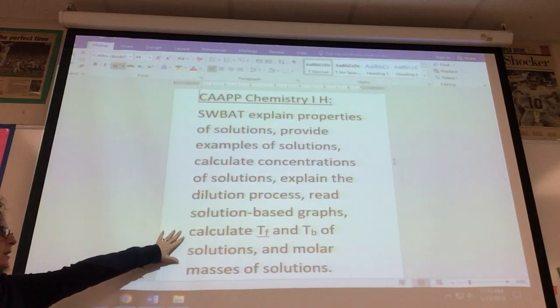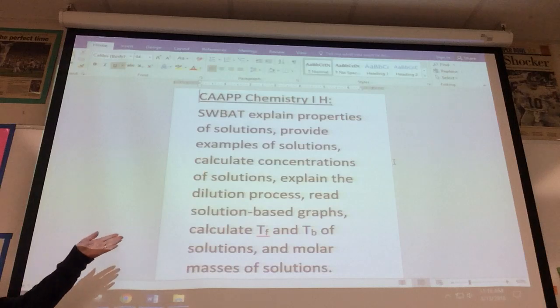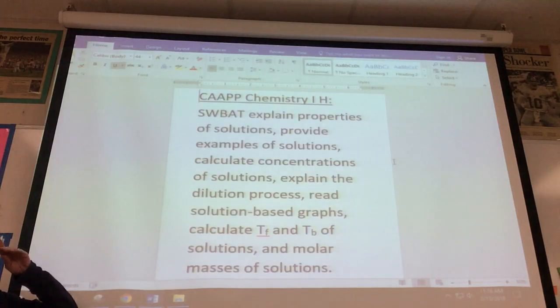Today what we're going to be getting into is calculating boiling points of solutions, talking about why the boiling point of the solution is greater than the boiling point of the corresponding solvent. Later in the week we'll be getting into freezing point temperatures, and we'll talk about why they salt roadways up north when it snows, why when the temperature is going to dip below 32 degrees Fahrenheit down here, farmers have to protect their crops.